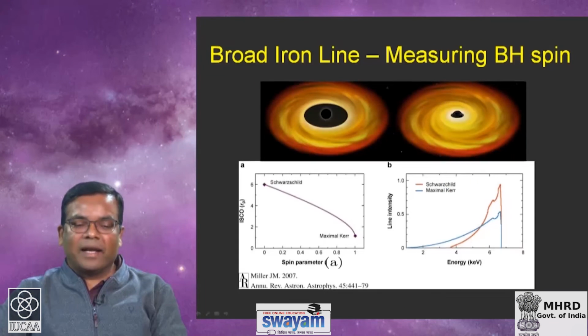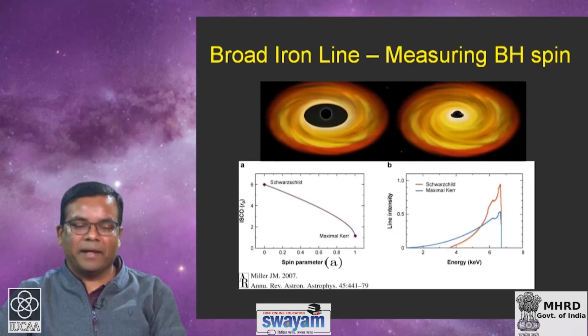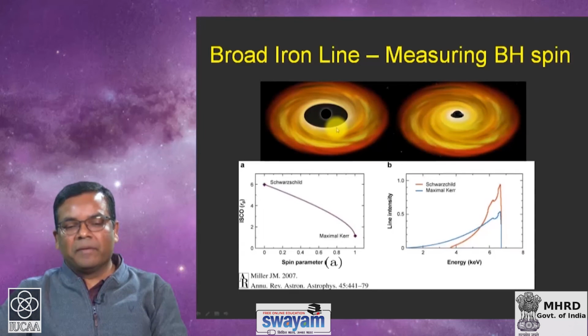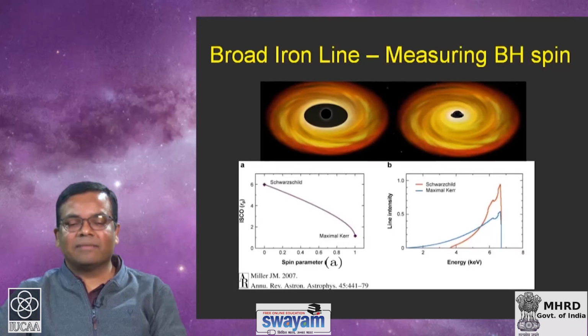Using this broad iron line, one can actually measure the spin of the black hole, how fast the black hole is actually spinning. Using the red wing of the line, one can determine the inner extent of this accretion disk, and the inner extent of the accretion disk depends on how fast the black hole is spinning.